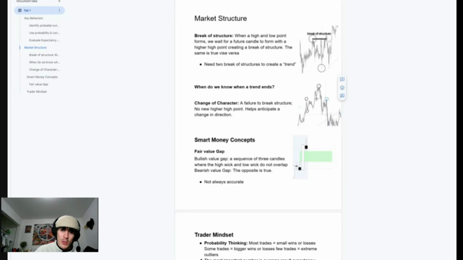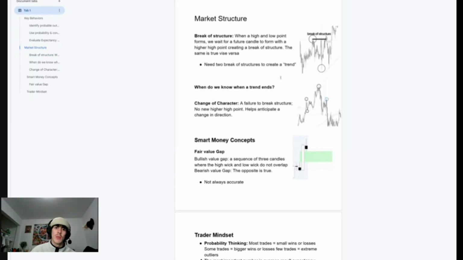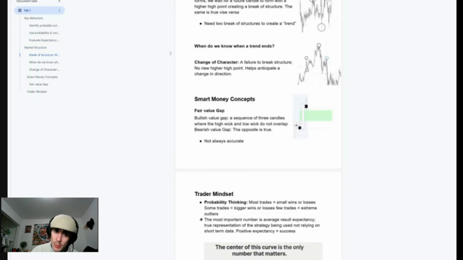So say like right here, you'll see 2 break of structures and it's going up and up. Well, right here, it failed to go above that high point. So it's a change of character, and now it'll start to head down as it does. And again, it's not going to be every time, but it's good to recognize patterns, or so I'm told.